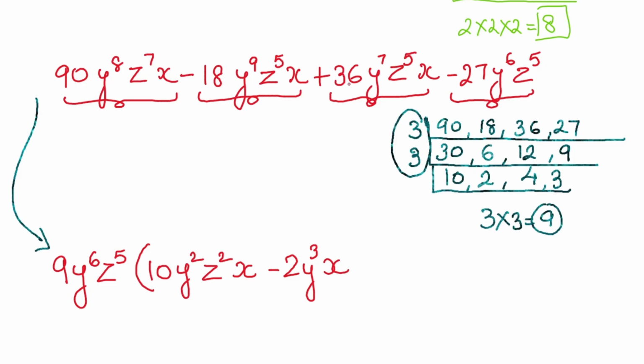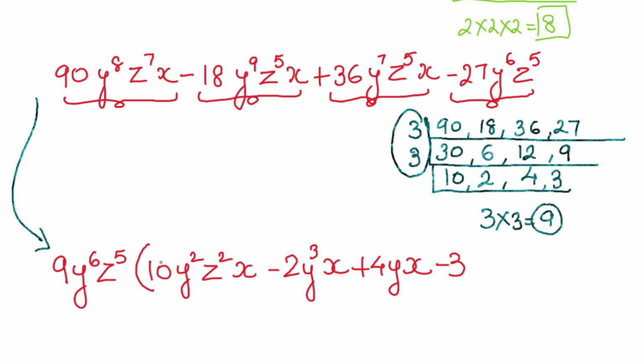For the third term, 36 divided by 9 is a 4. Out of 7 y's, 6 y's are common, so we are left with just 1 y. All the 5 z's are common, and x we have to write as such as nothing is common. And from the fourth term, negative 27 divided by 9 is a negative 3.